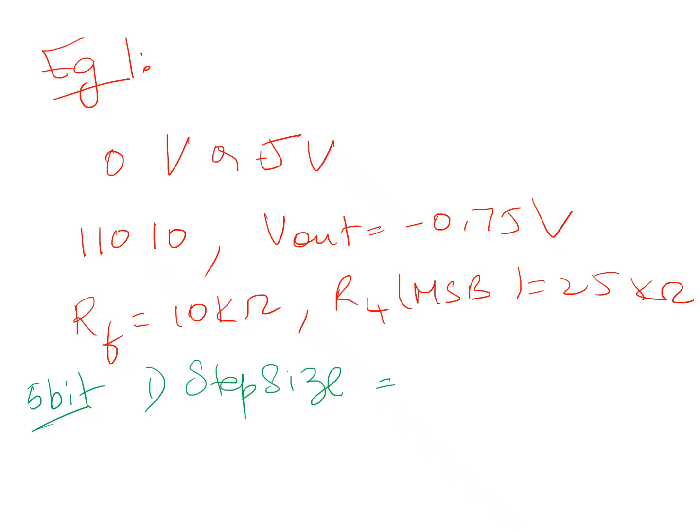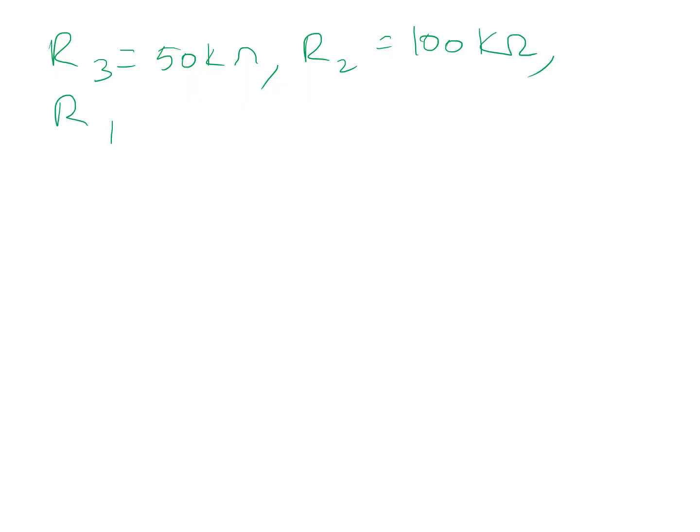The step size is equal to minus 5 RF divided by R0. R3 is equal to 50 kilo ohm, R2 is equal to 100 kilo ohm. So these are the values, isn't it? R1 is equal to 200 kilo ohm.